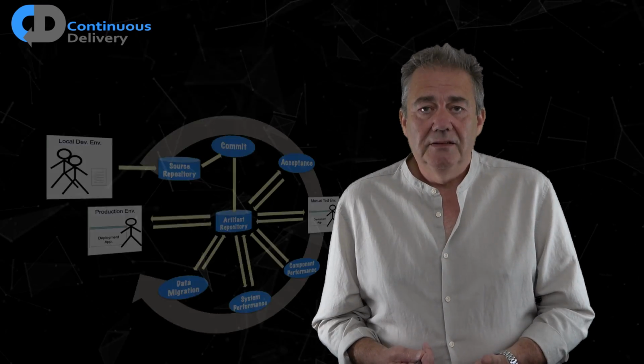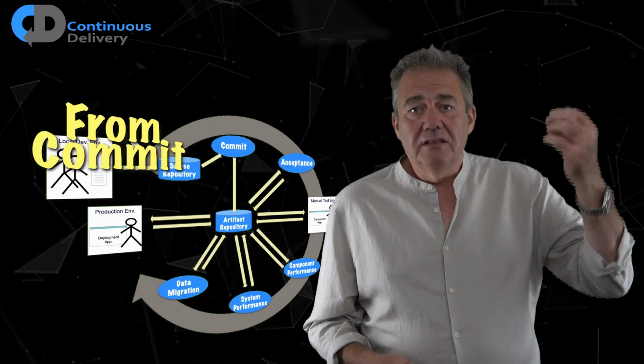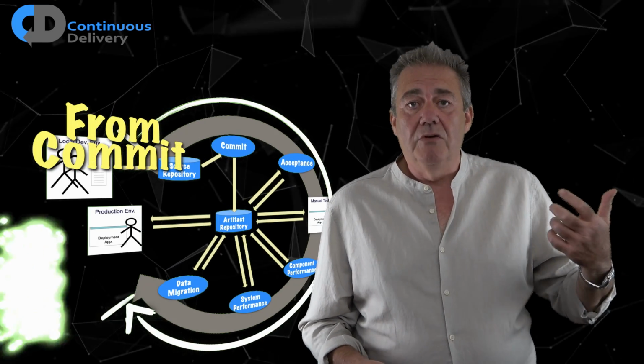The deployment pipeline is probably a somewhat confusing term, and if I'm honest, that's my fault. I coined the phrase deployment pipeline, and I did that for some specific reasons, but we'll go into that later. For me, a pipeline is a simple idea. It goes from commit to releasable outcome.